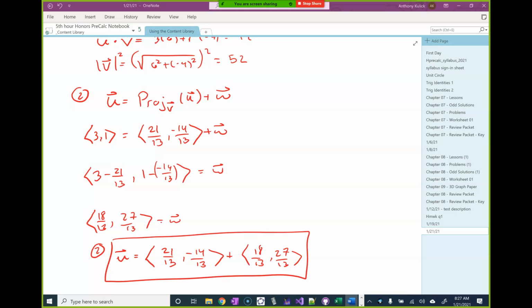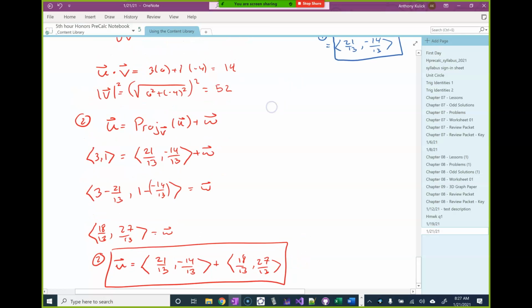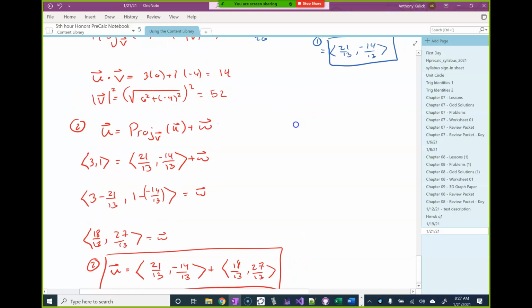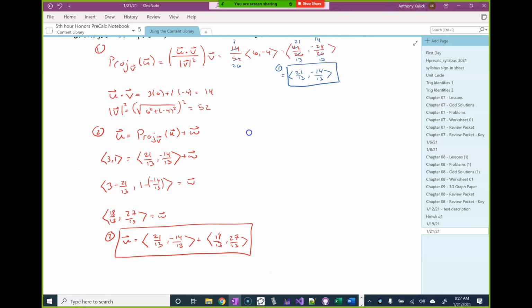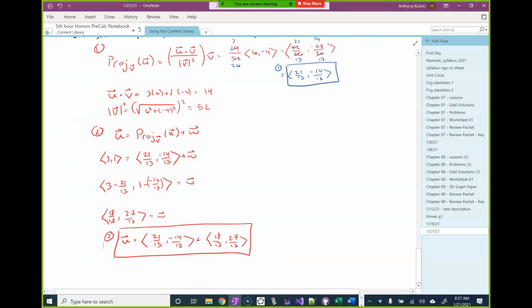Ben. How did you get the orientation? Just did the scalar multiplication. Yep.